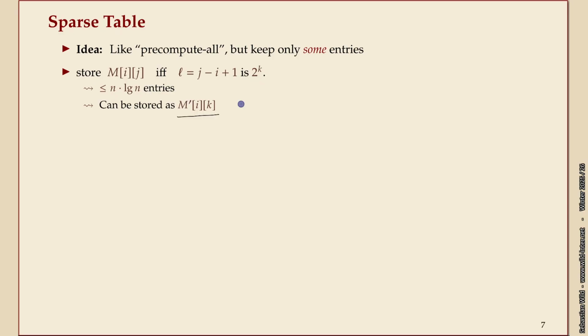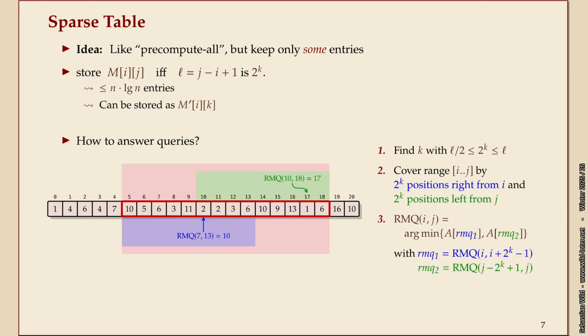Now that's fine. If your query has indeed a length that is a power of 2, you're happy, you have the solution. But what about all the others? Then you can't directly answer the query, but you can still figure out the answer in constant time. Whatever the length of the query, there's always going to be a power of 2 that's just below it, but more than half.